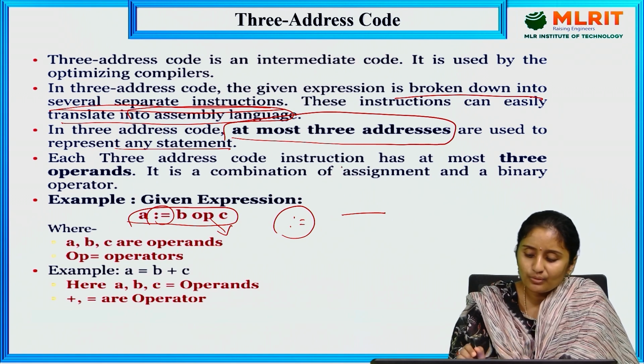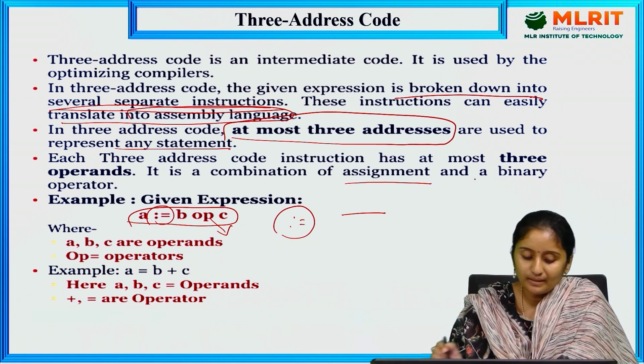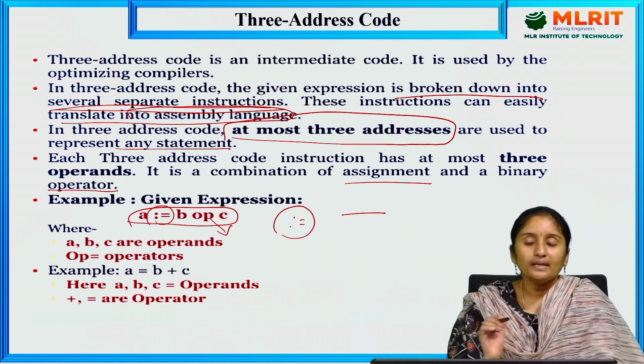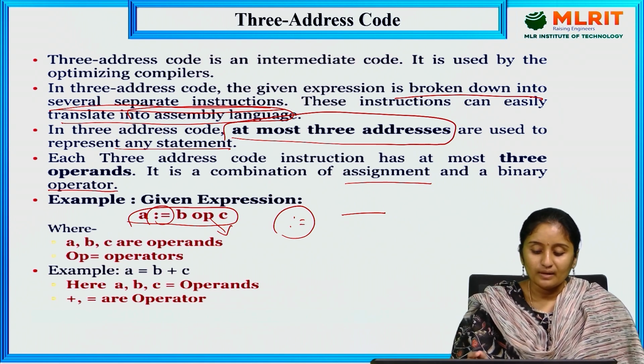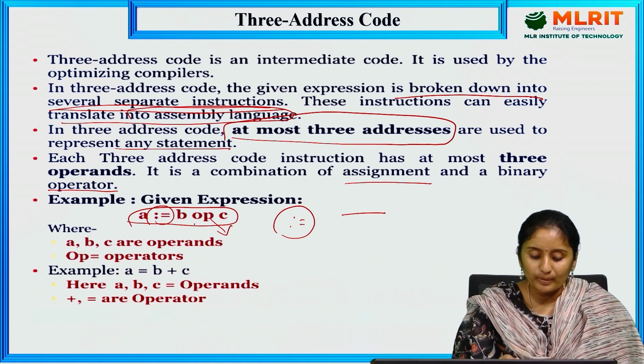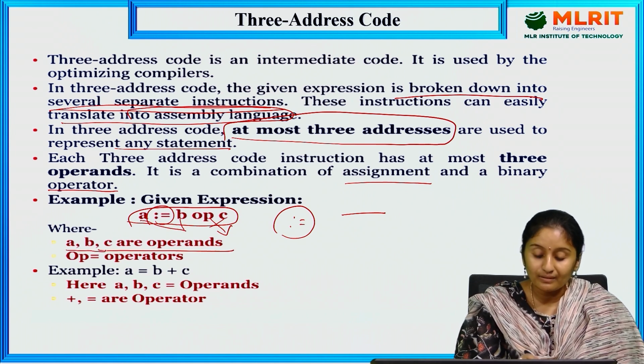Each 3-address code instruction has at most 3 operands. It is a combination of an assignment and a binary operator. See here one example, A equal to B op C. This is one syntax. Here A, B, C are the operands. How many operands do we have? 3 operands.